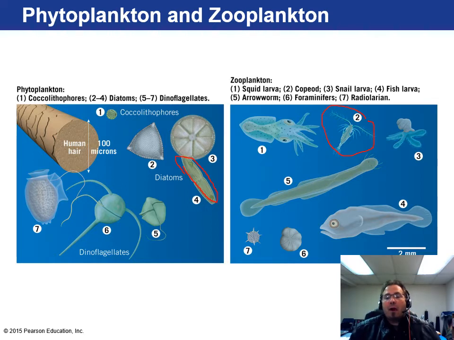Now, there are animals that eat this stuff, and then animals that eat those and eat those. You get the idea. So this is the base of the food chain, and what dominates the type of life found in the ocean. These tiny little things, many of which you can't even see with your naked eye, is what dominates the type of life found in the ocean.